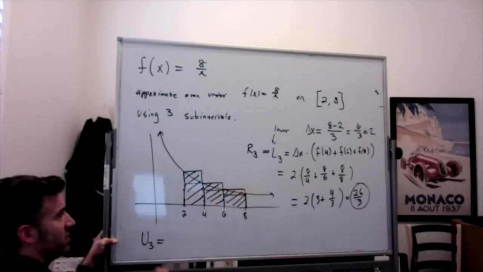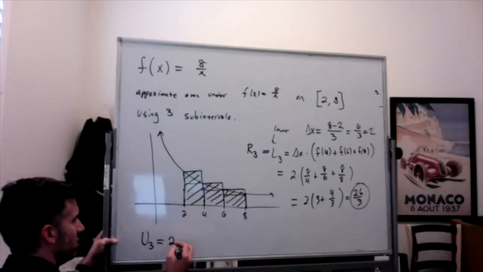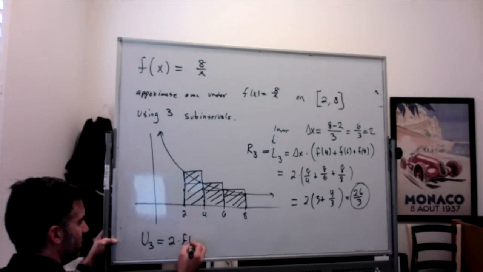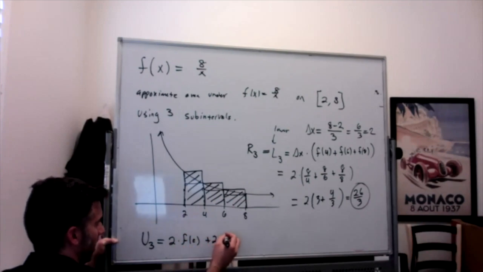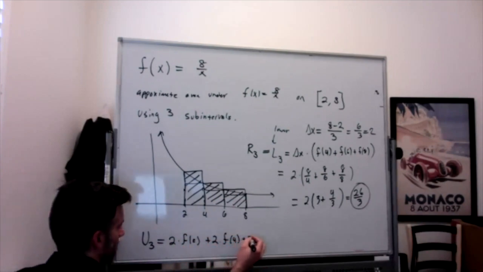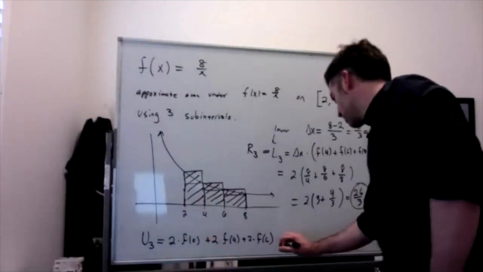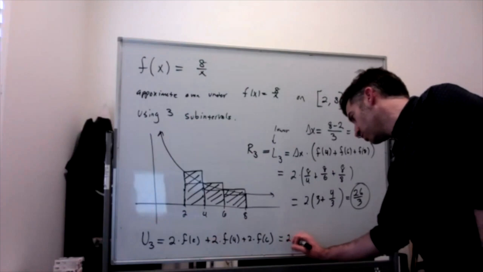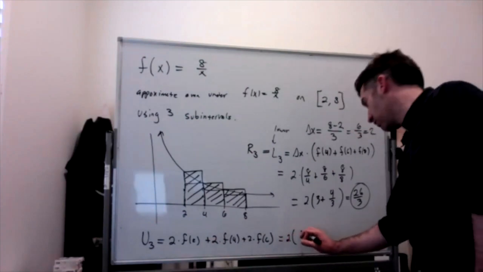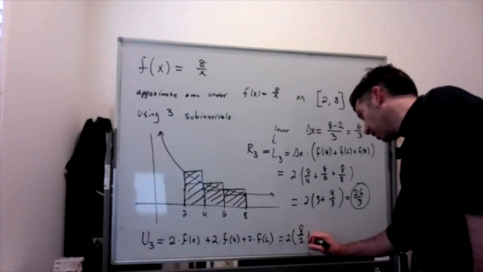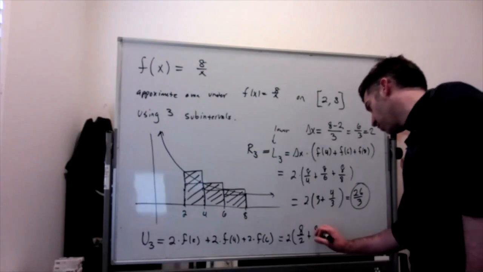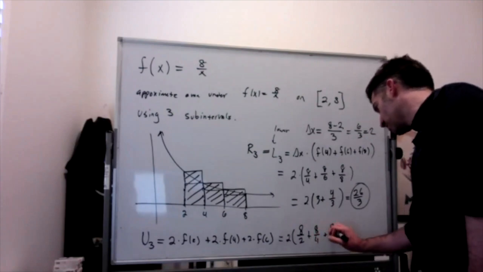So my upper sum is going to be, again, the base is 2, the height is f of 2. The base is 2, the height is f of 4. The base is 2, the height is f of 6. So I'm going to get 2 times f of 2 is 8 over 2, f of 4 is 8 over 4, f of 6 is 8 over 6.